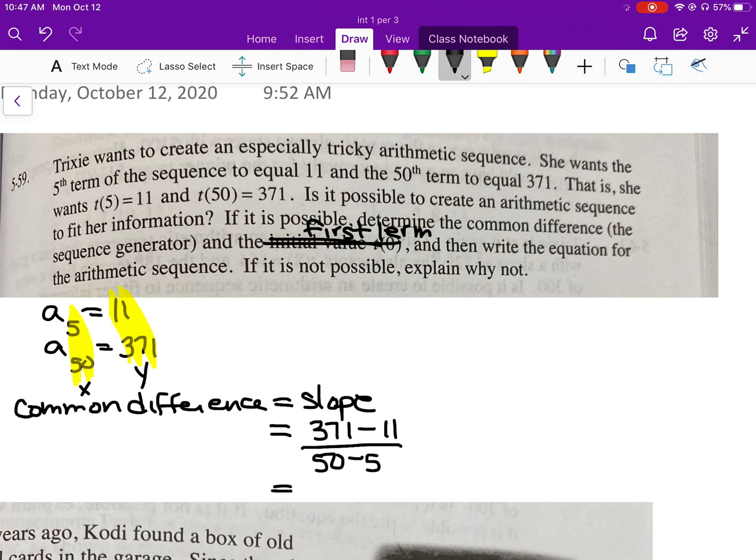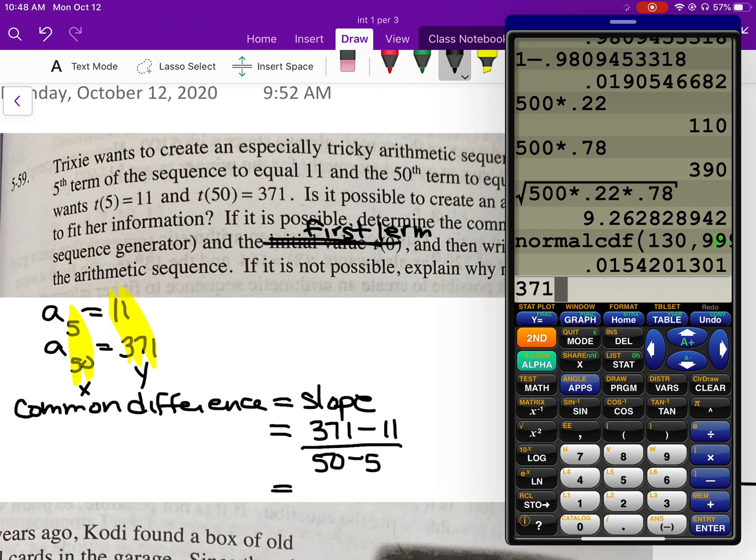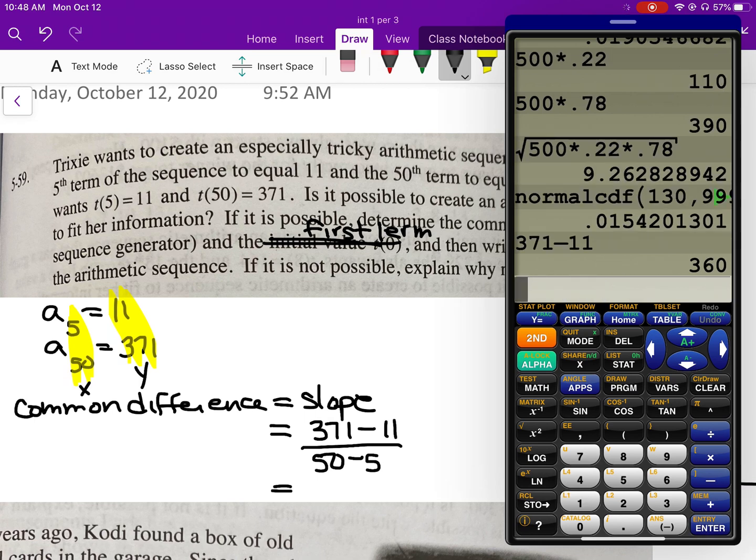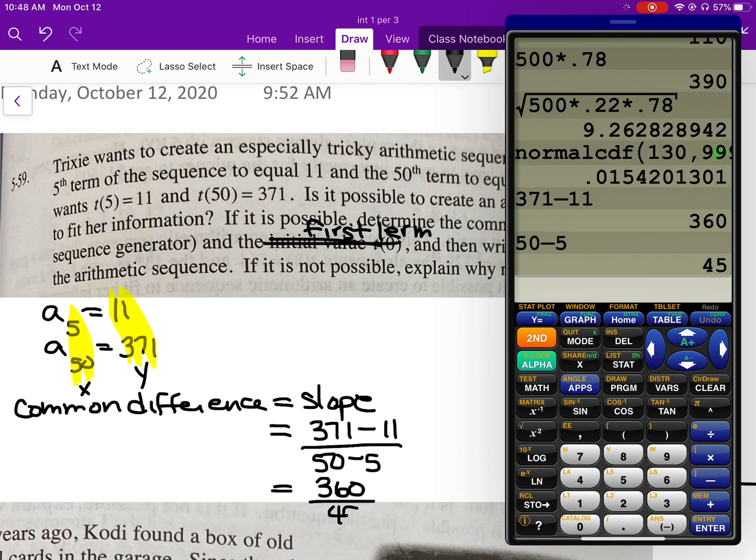So 371 minus 11 is 360, divided by 50 minus 5, which is 45. And what's 360 divided by 45?